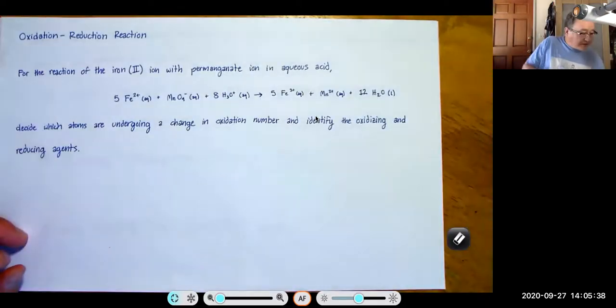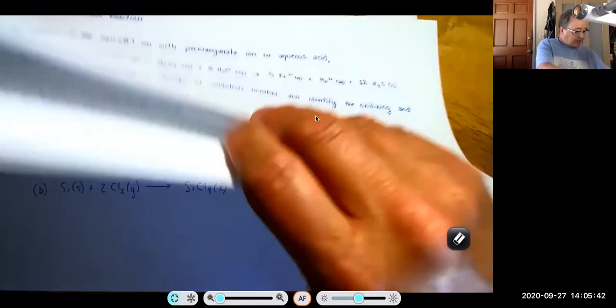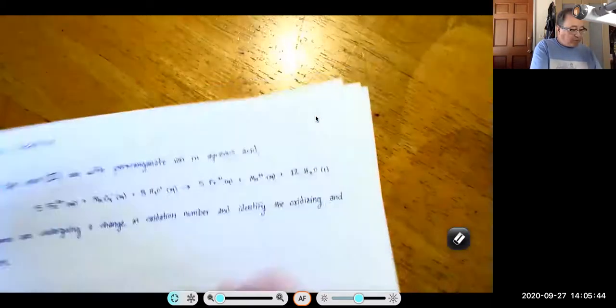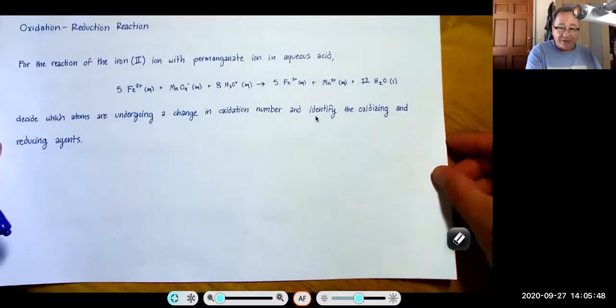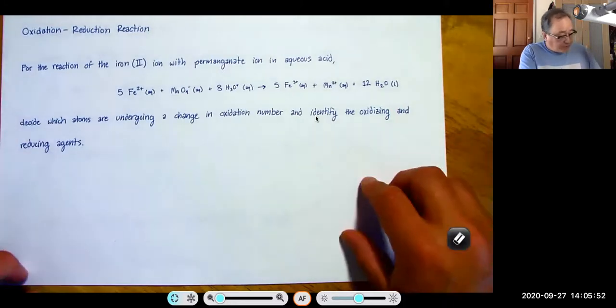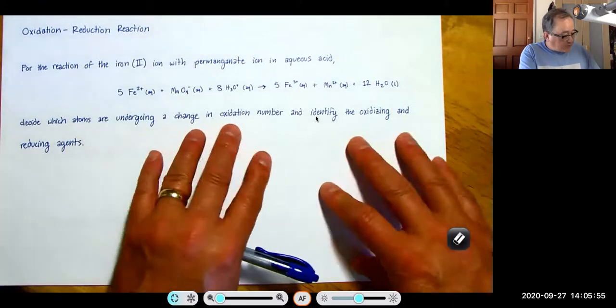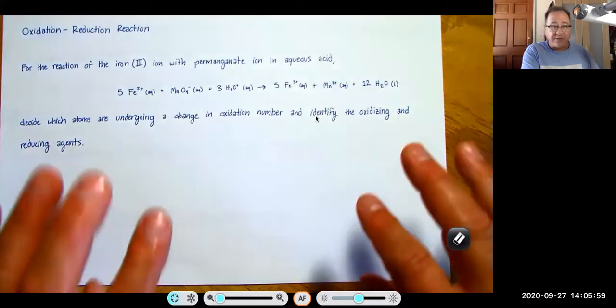So let's look at an oxidation reduction reaction. And what I'm going to do is show you how oxidation numbers help us decide what's going on. So let's take a quick look here.